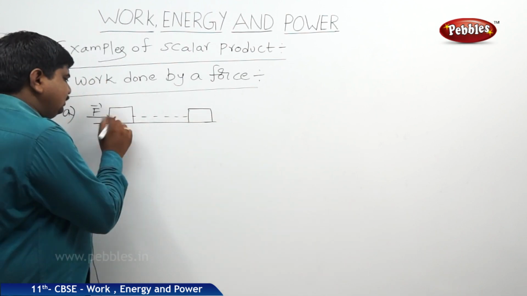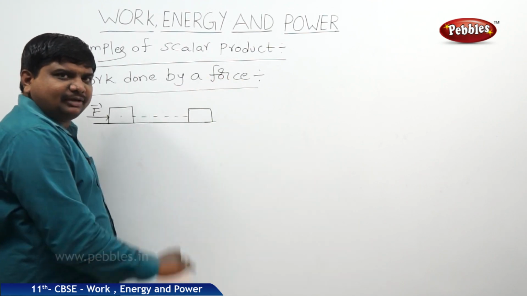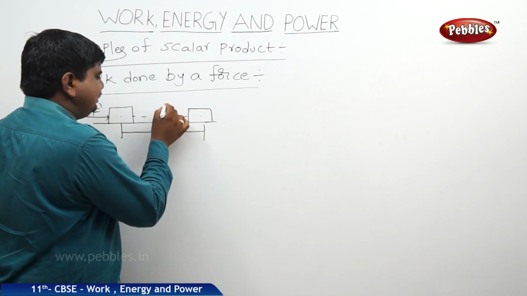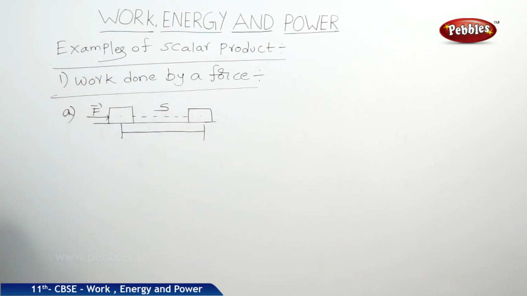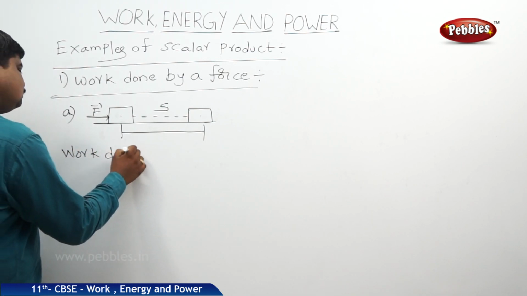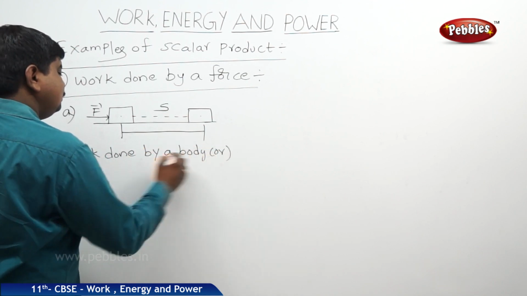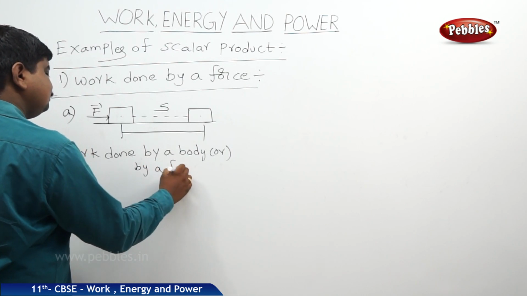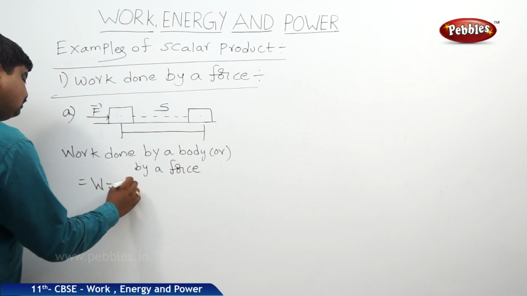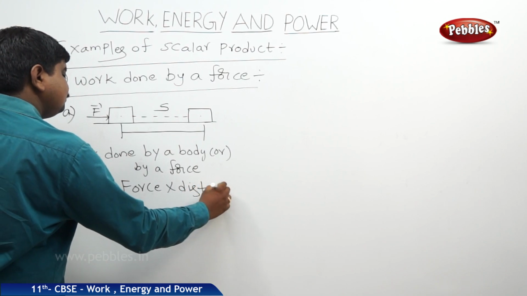This is the initial position of the body before the applied force. This is the final position of the body after applying the force. The distance from initial position to final position in a short way is called displacement. So the work done by a force is W equal to force into distance.